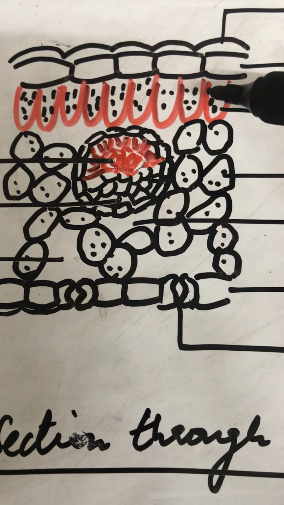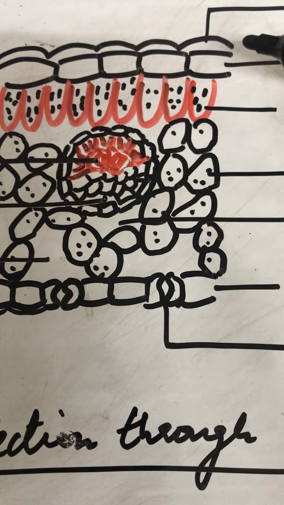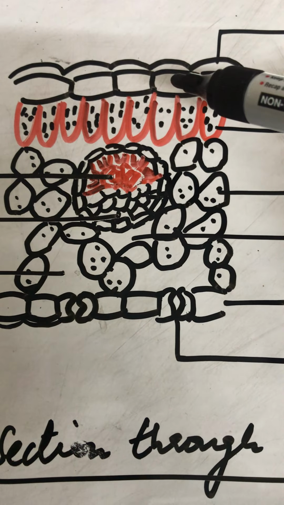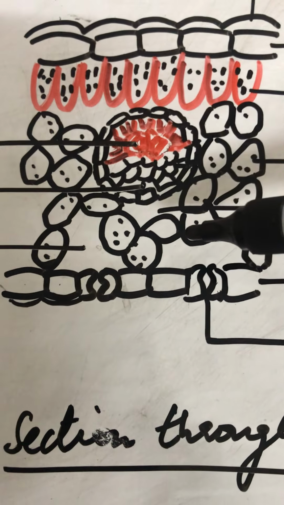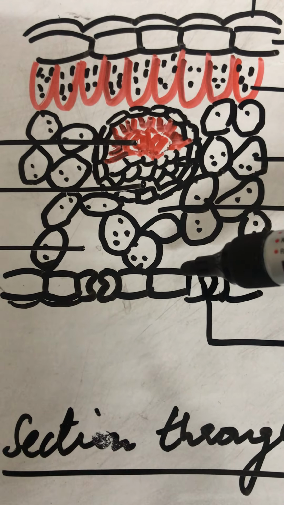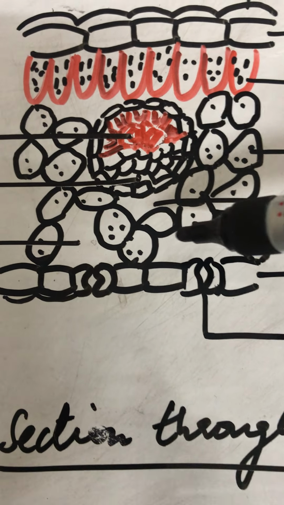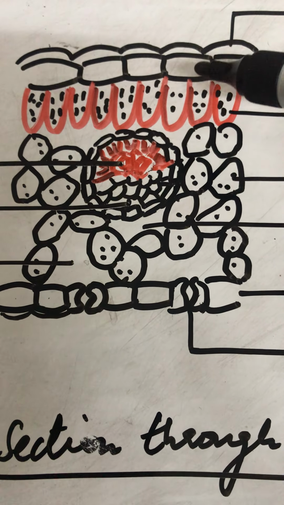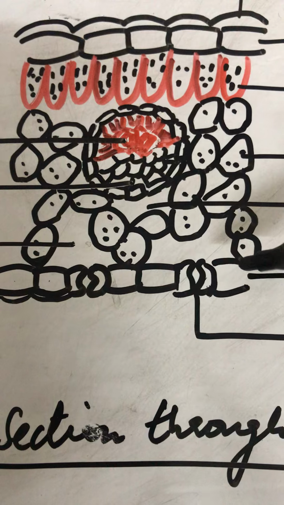Upper surface is more green and more shiny due to the thicker waxy cuticle present here. Plus it has fewer stomata, whereas lower surface is less green because fewer chloroplasts are here. It is less green and not that shiny as compared to the upper surface, and it has more stomata.